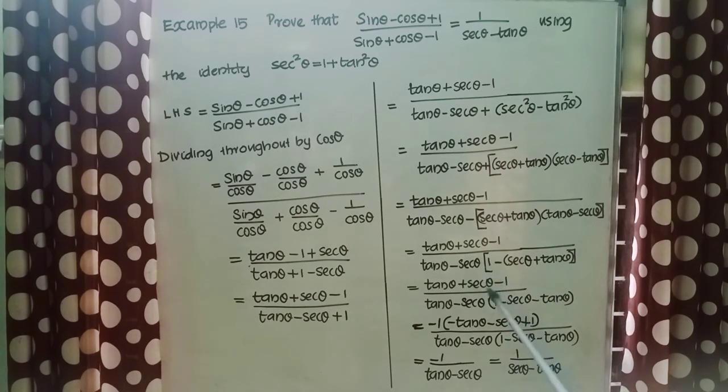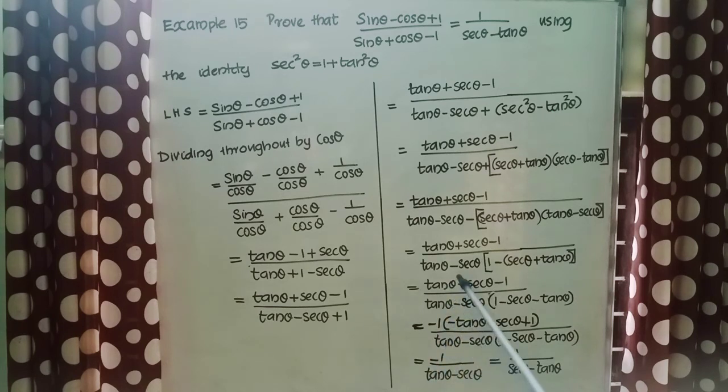Now we need to cancel the common term from numerator and denominator. Here you just see the denominator tan theta is positive, but in the numerator it is negative. Here sec theta is positive, in the denominator sec theta is negative. Here 1 is negative, but in the denominator it is positive. So let us take the negative from the numerator.